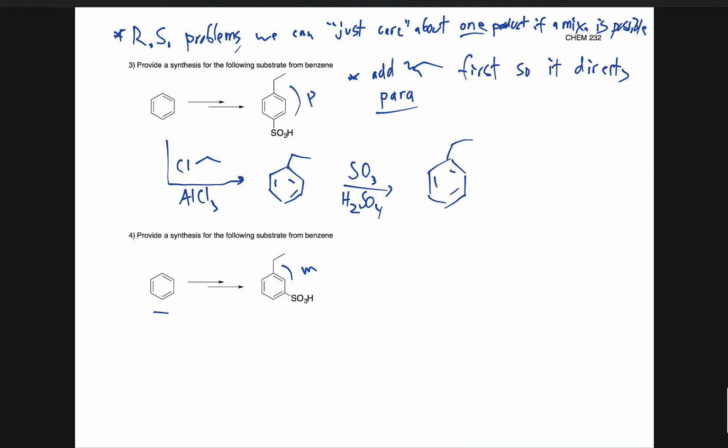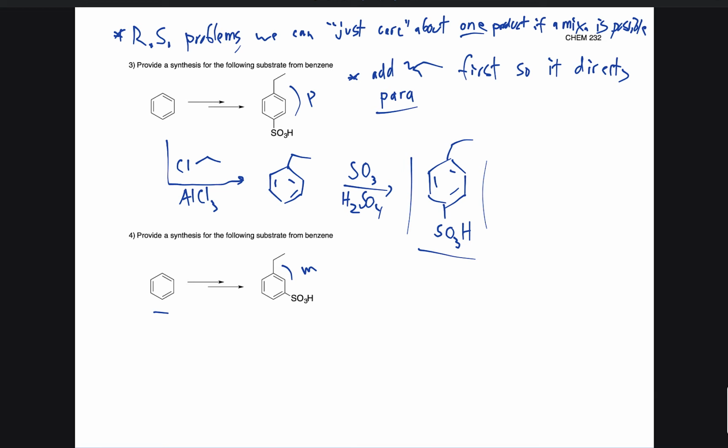We might be getting some of the ortho position, but we only care about our actual product here. So this is fine to end here. But that's different than number 4, because we can't do the same pathway, because there's no way to get that SO3H on the meta position. It just isn't possible. The ethyl group is ortho-para directing, so we have to change our approach.